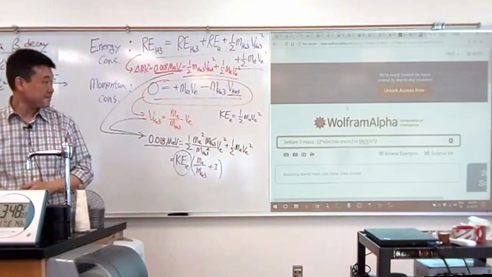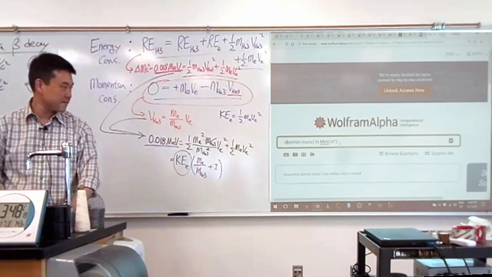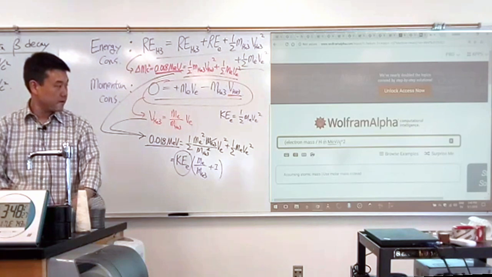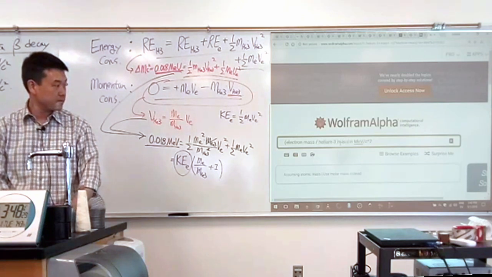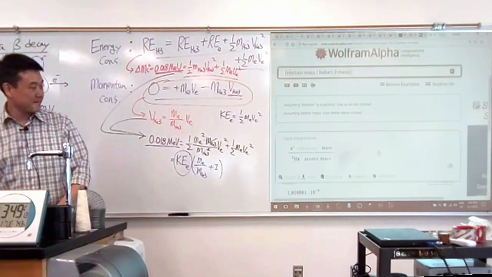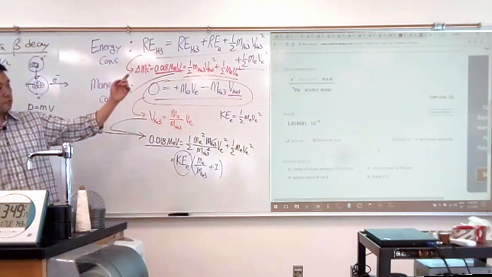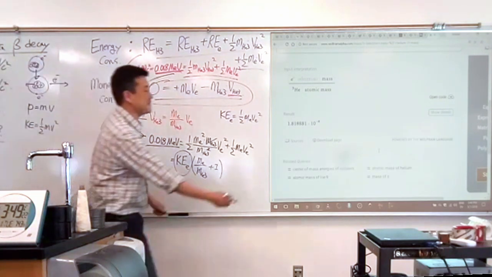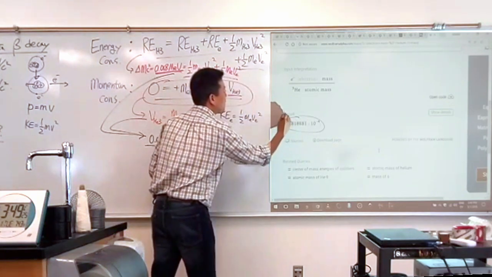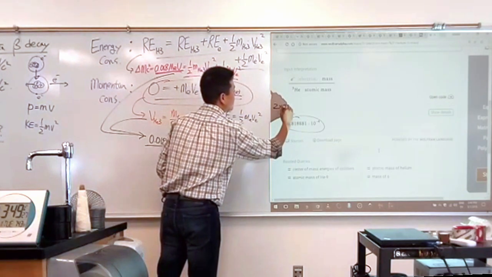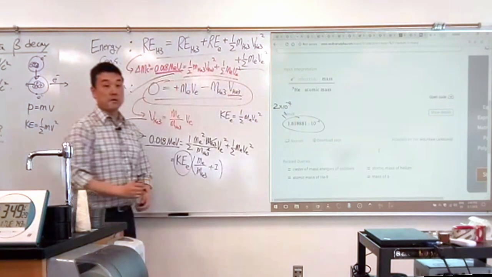Let's get a numerical sense. The electron mass divided by the helium-3 mass is approximately 2 times 10 to the minus 4.